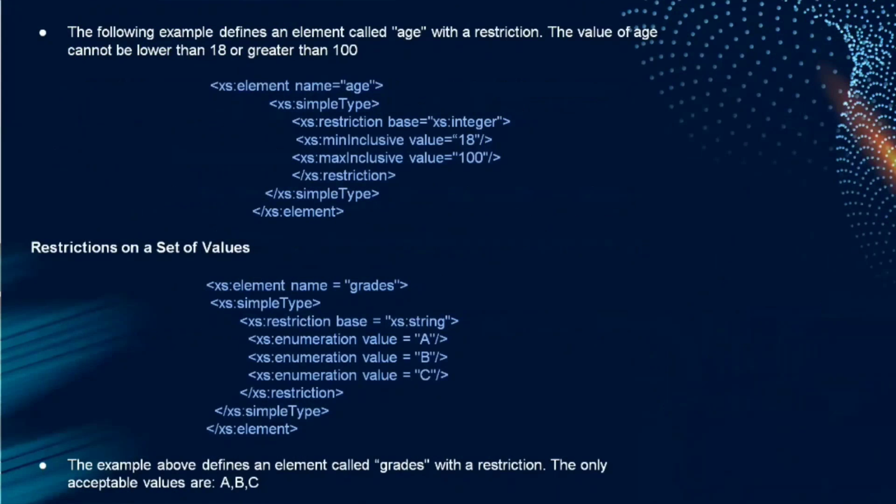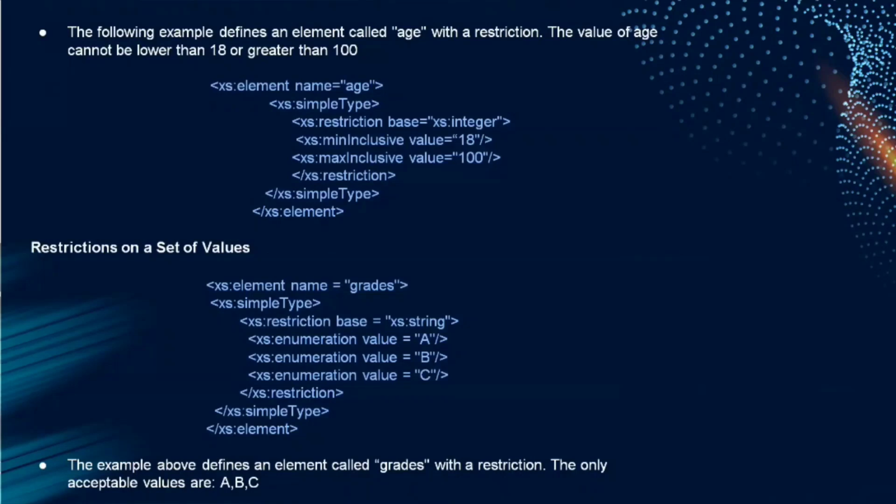Here we have an example which defines a restriction on an element called age. The restriction is that the value of the age cannot be lower than 18 or greater than 100. So this is how we define the restriction. We first give the element's name, and then we define what type, like is it simple type or a complex type, and then we give the data type on which the restriction is being imposed, and then to limit this particular element within that range, we use the min inclusive and max inclusive restrictions.